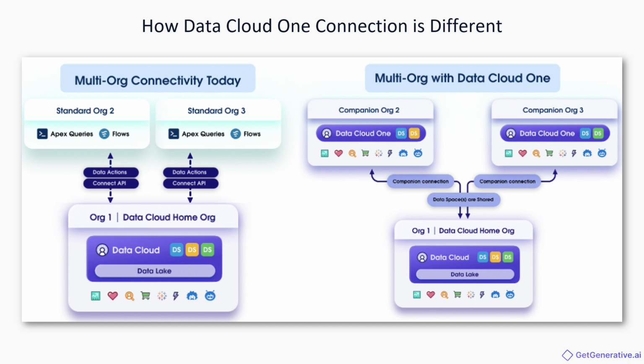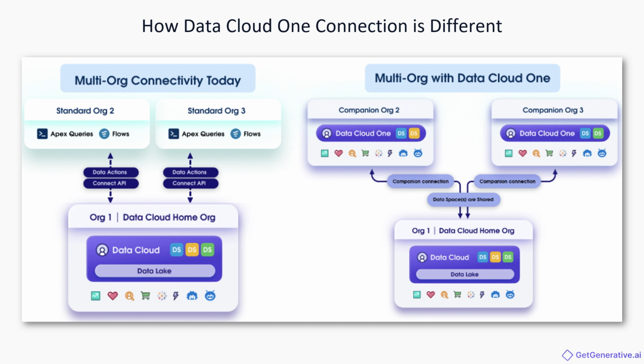You can choose what data spaces are coming down the line, and what kind of data you want to share with org2. So this is definitely 2, your blue and yellow, versus org3, which has blue and green. So your home org has the capability to decide what goes into your companion orgs, your connection orgs.